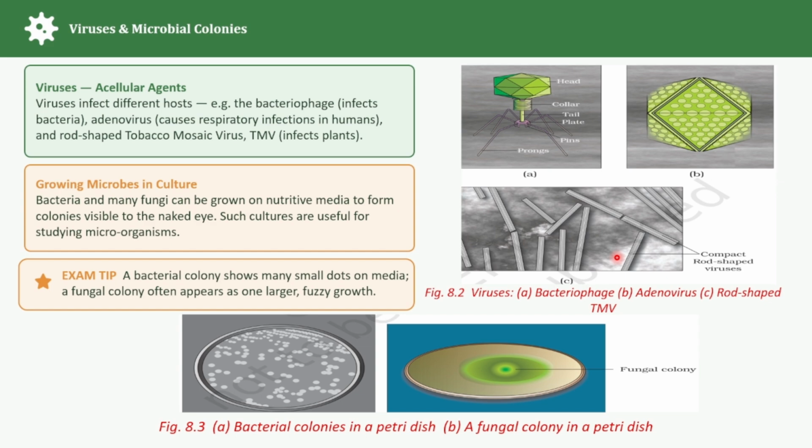Now look at this. What is a virus? Viruses are extremely tiny and we cannot normally see an individual virus with our naked eyes. For example, a bacteriophage is a virus that infects bacteria, and the adenovirus is associated with respiratory infection. The tobacco mosaic virus, or TMV, infects plants.